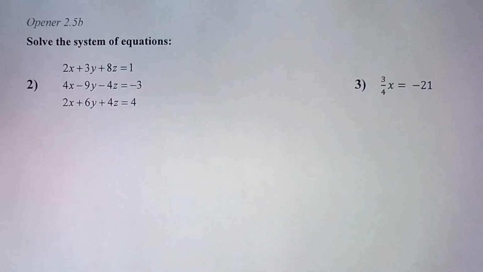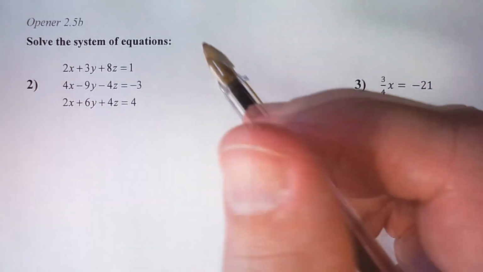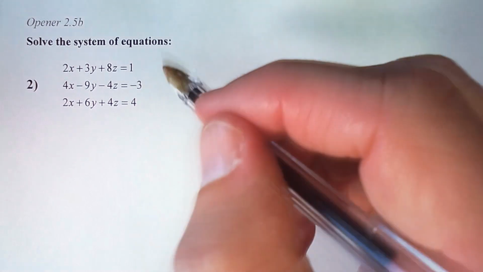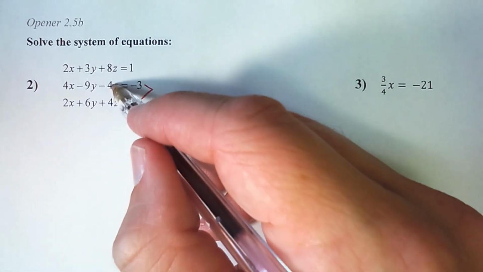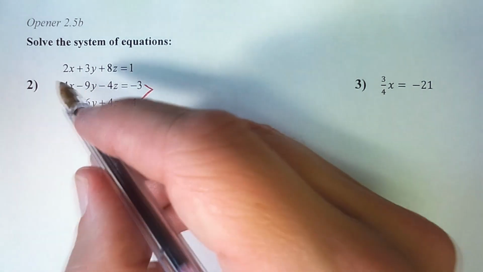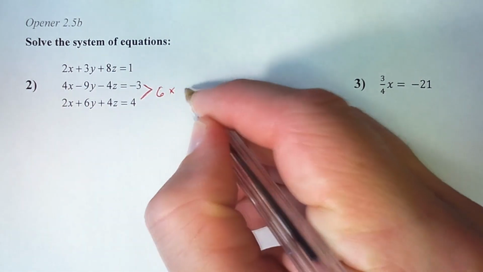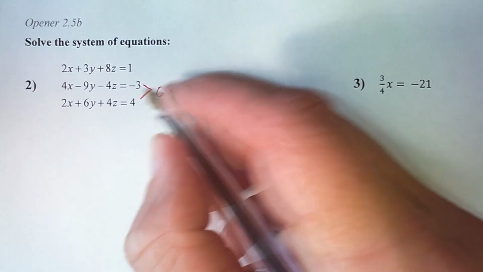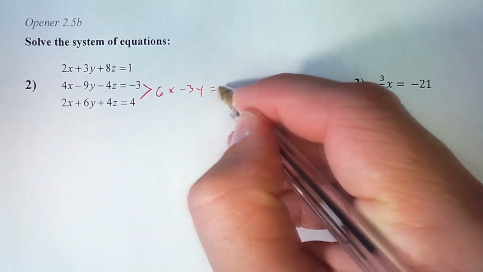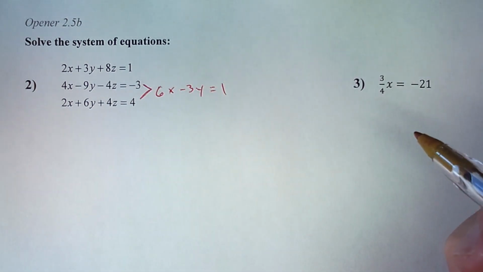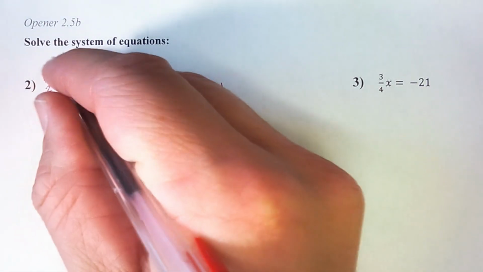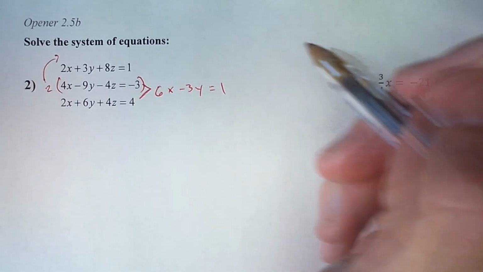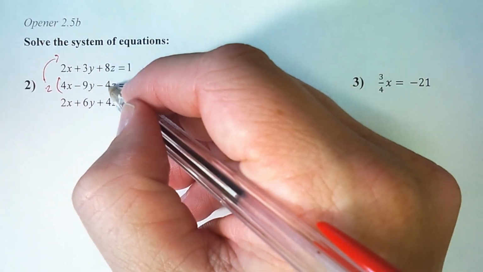We're going to use matrices to solve systems of equations, so let's talk about solving a system of equations. It looks like the easiest way to solve this system will be eliminating the z's. If I combine these two equations, they're already set up to eliminate z's, so I'll get 6x minus 3y equals 1. If I multiply this one by 2, I can eliminate z's between these two equations.